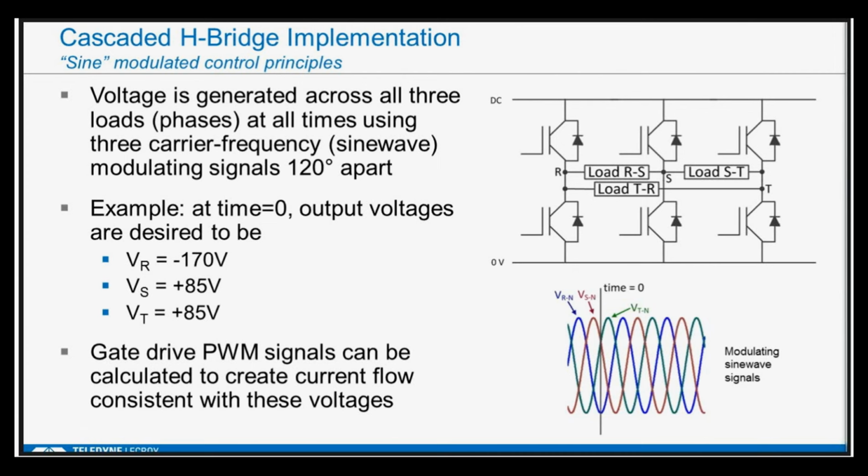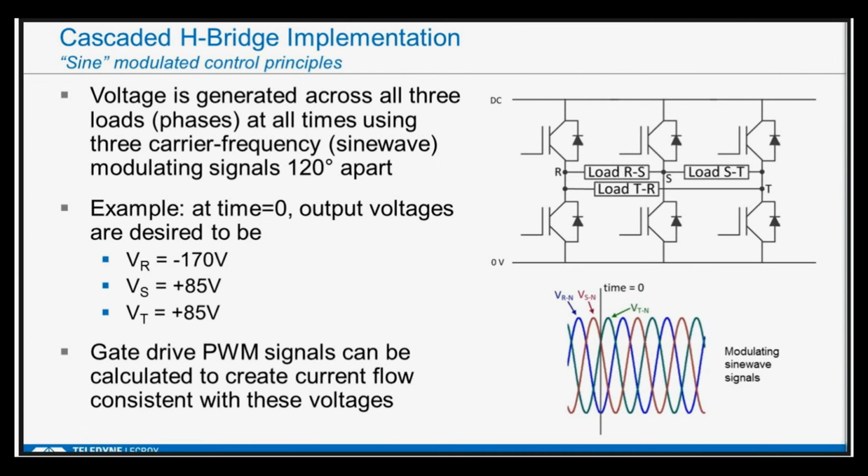And if I was to try to envision what my output is desired to be, I would see something that would look like this. At time equals 0, my line to neutral voltages, which I now call R, S, and T to N, to neutral, I'd have some positive voltage on S, some positive voltage on T, and a negative voltage on R, as I described right here.